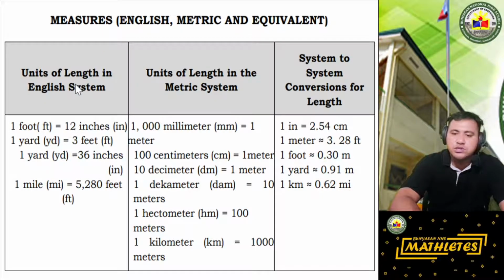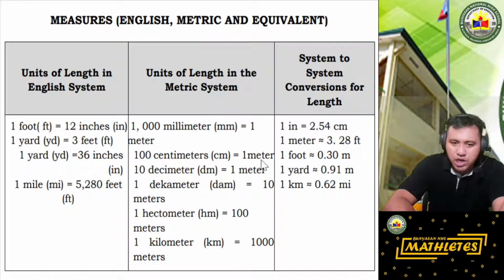The first column is the conversion between English system units, the second is the metric system, and the third column is the conversion of units from system to system. So from English to metric, or from metric to English.